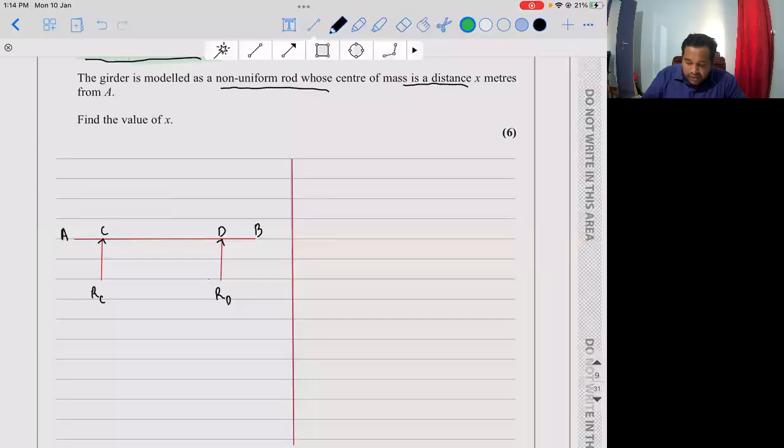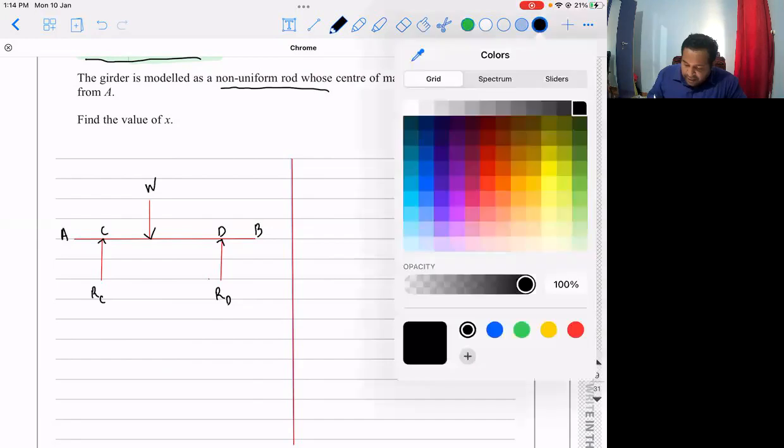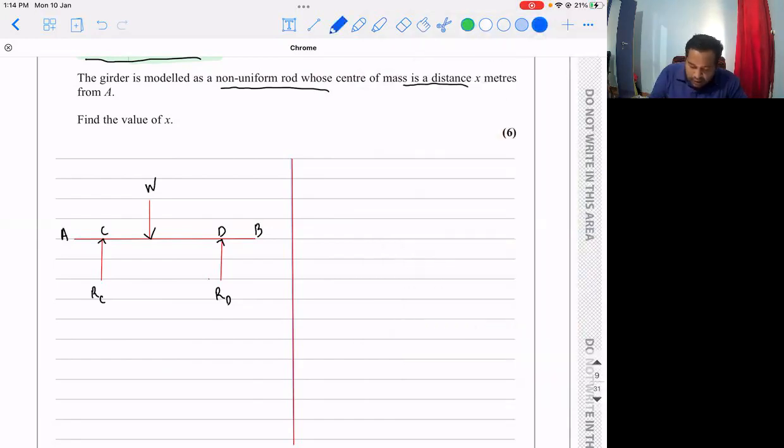And apart from this, a weight is acting downwards, right? Whose weight is W. Since the girder is not uniform, it is x distance away. I will also mark the distance.